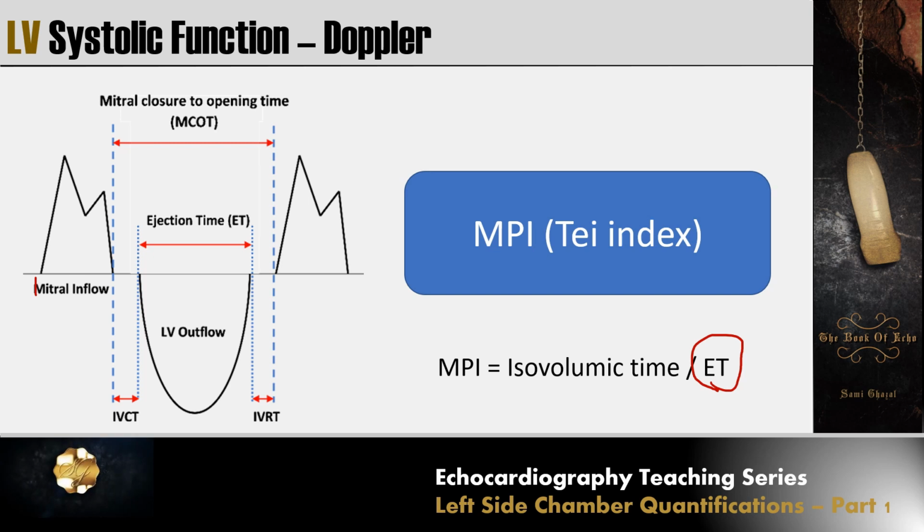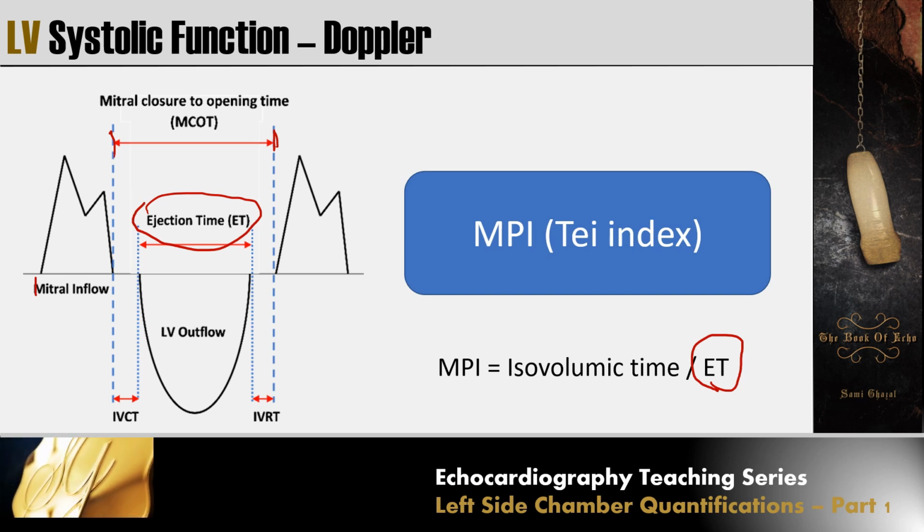So this is mitral closure here to opening time. Subtract from it the ejection time, and then we will get the isovolumic time. And then again, we divide it by the ejection time. So it is the percentage of how much work is producing flow versus the work that does not produce any flow.